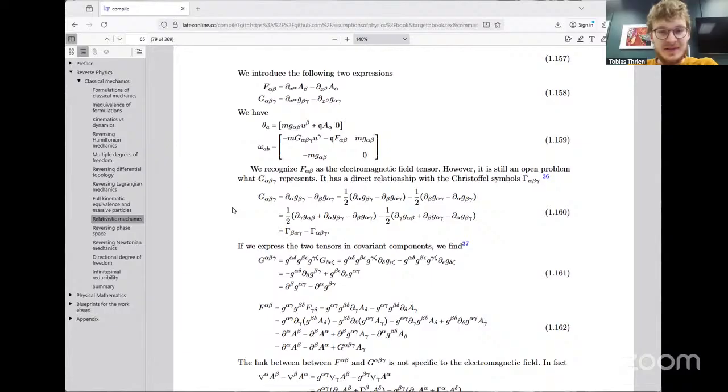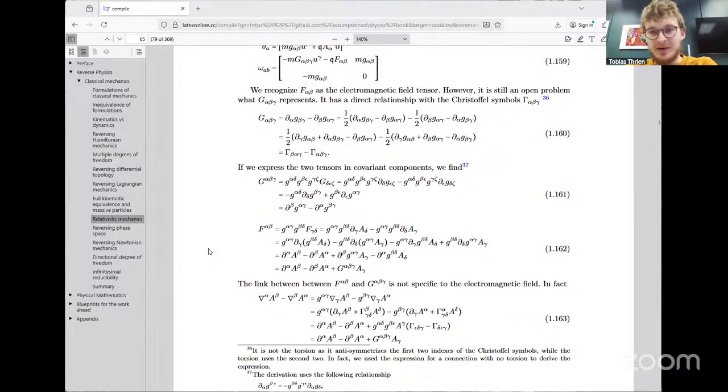We recognize F alpha beta as the electromagnetic field tensor. However, it is still an open problem what G alpha beta gamma represents. It has a direct relationship with the Christoffel symbols gamma alpha beta gamma. It's kind of like an antisymmetric version in the first two indices, I guess.